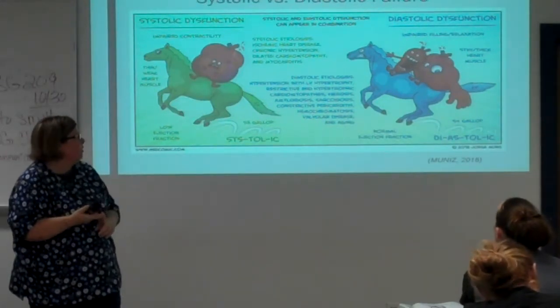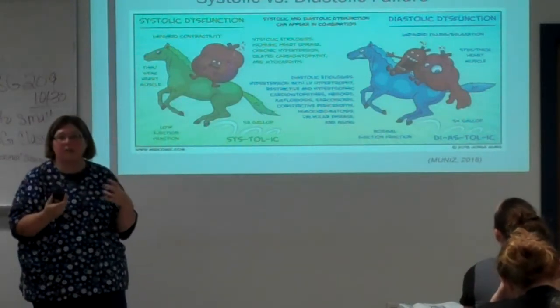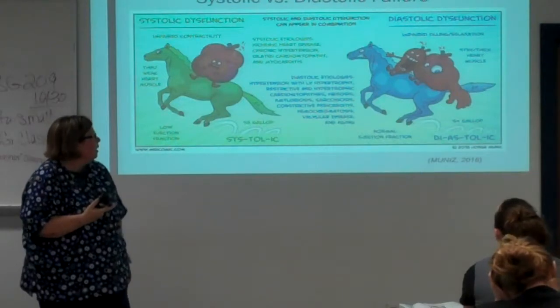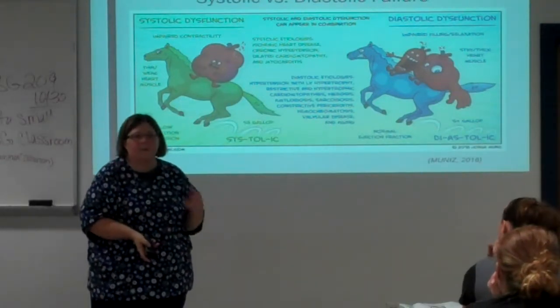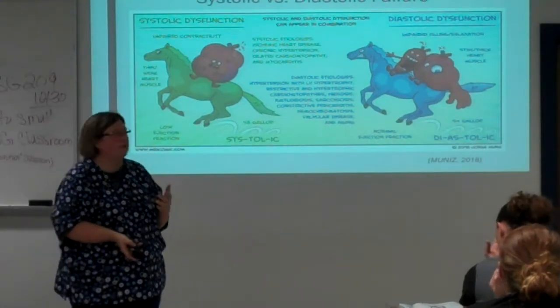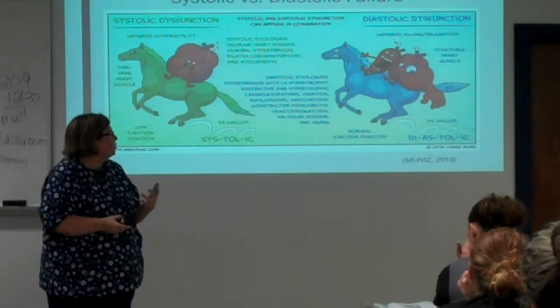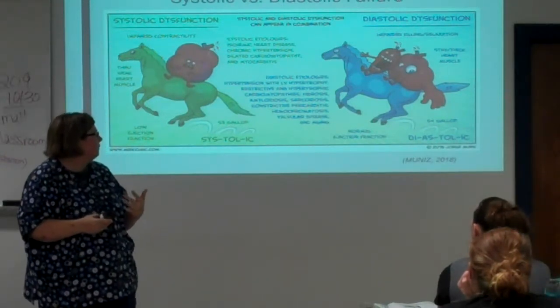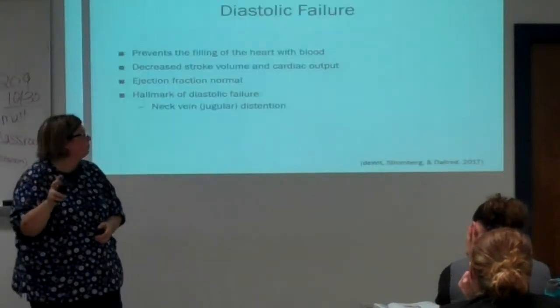Etiologies are hypertension with left ventricular hypertrophy, which is an enlarged left ventricle, restrictive and hypertrophic cardiomyopathies if fibrosis occurs within the heart, sarcoidosis, constrictive pericarditis, vascular disease, and just aging can be a factor.